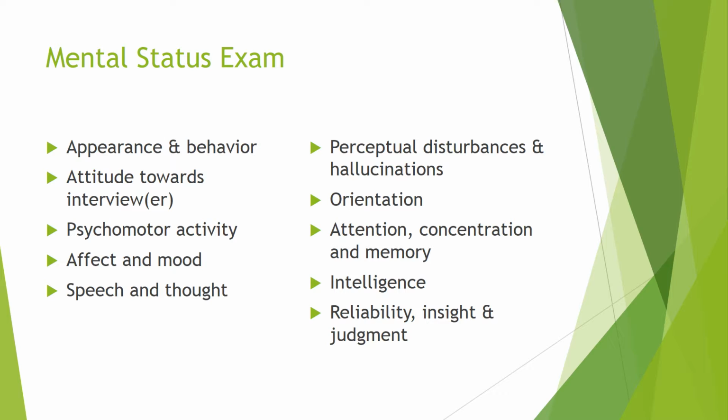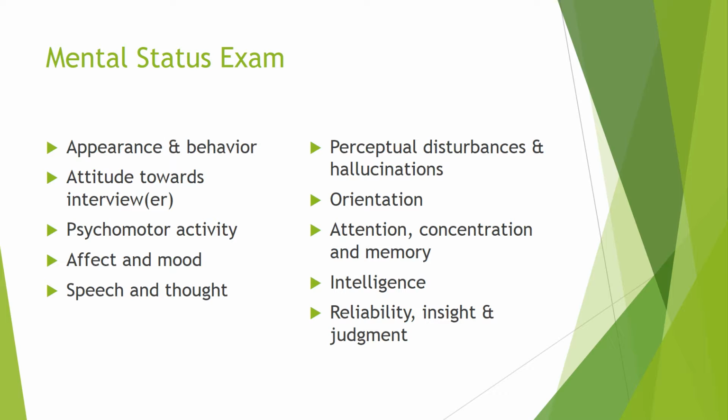Do they know what day of the week it is? Do they know what month it is? Do they know the date? Do they know the year? Do they know where they're at? Do they know who they are? Do they know why they're there? It's really orientation across multiple dimensions. Are they oriented accurately to person, place, time, space, etc.?